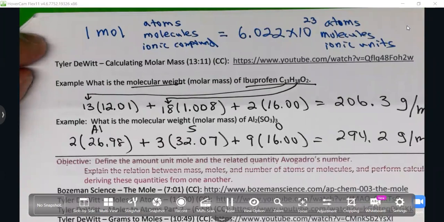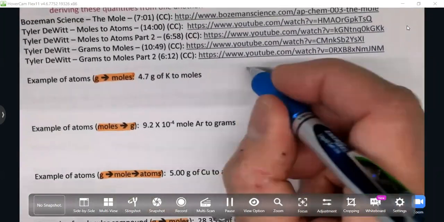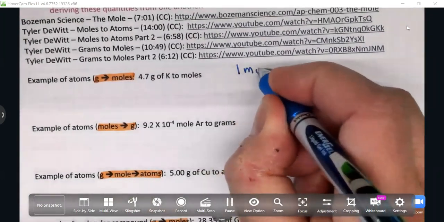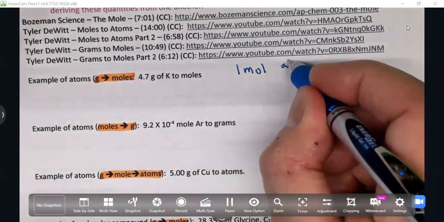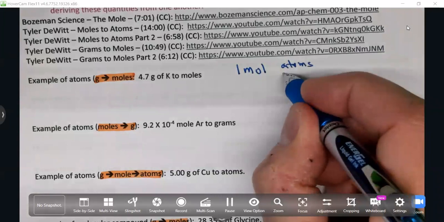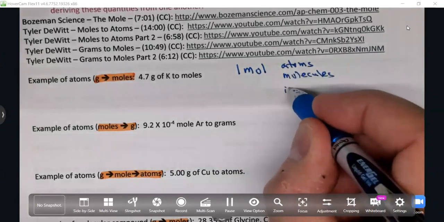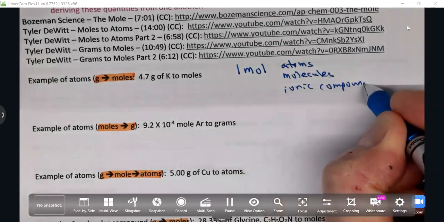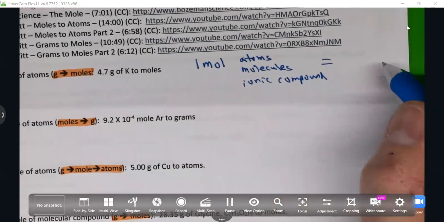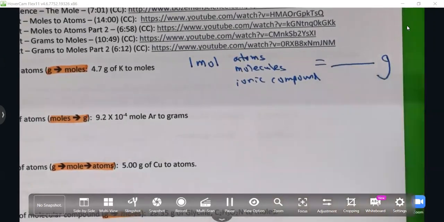And then the other conversion I'm going to put right here. You have 1 mole of atoms, molecules, or ionic compound is equal to grams, right?